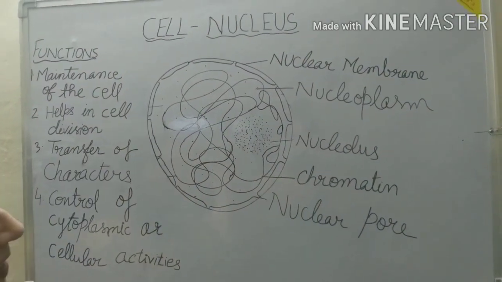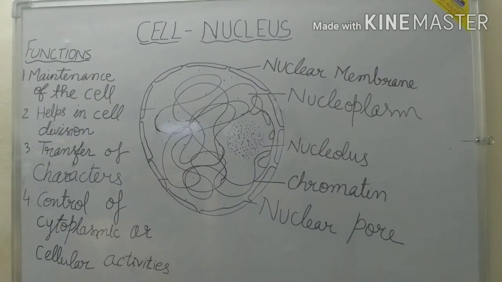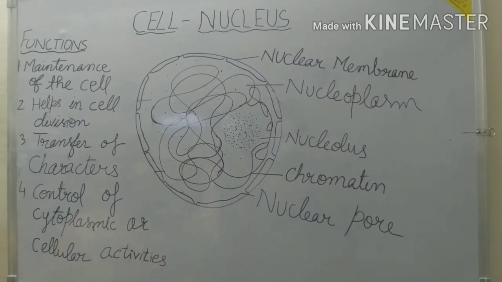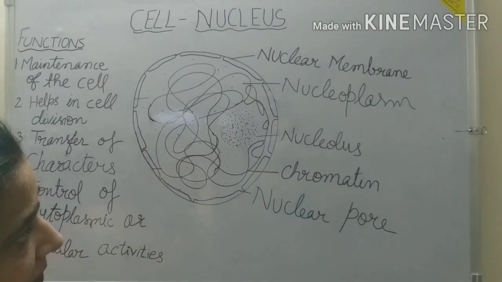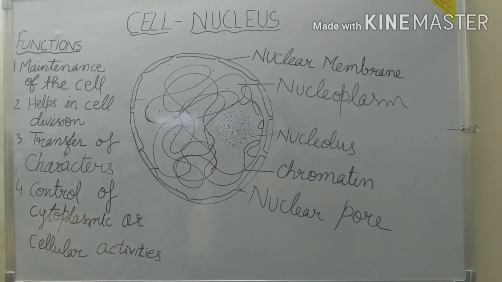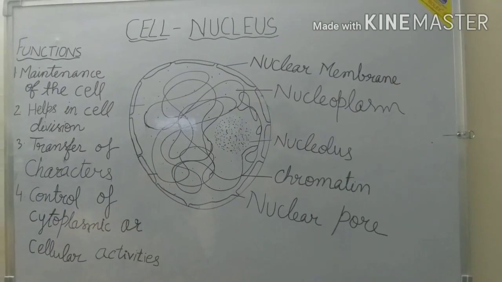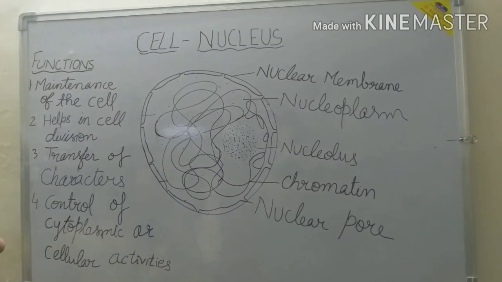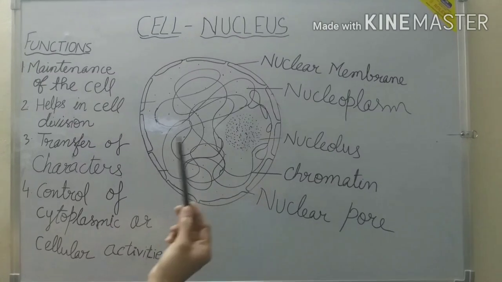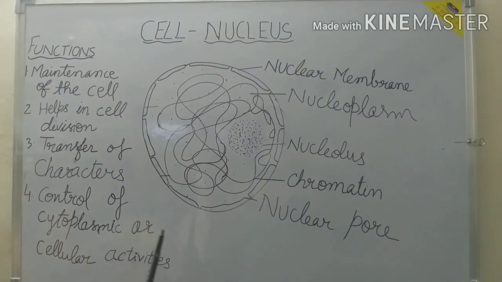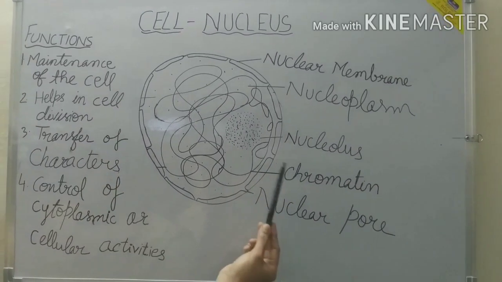Now the nucleolus is a spherical body found inside the nucleoplasm, and in this RNA is present, that is ribonucleic acid, and some amount of DNA material is also present, that is deoxyribonucleic acid. Within the nucleoplasm, 2 types of nuclear structures are there: nucleolus and chromatin.